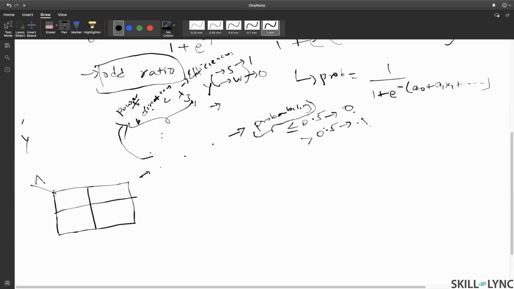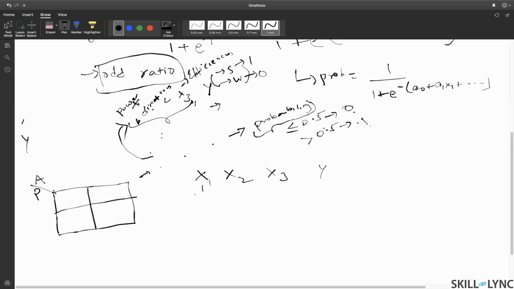So let's say this is your actual, this is your predictions. Now, let's take one more example of, say, x1, x2, x3 and y. There will be multiple inputs.